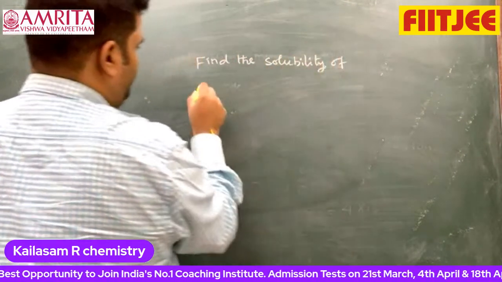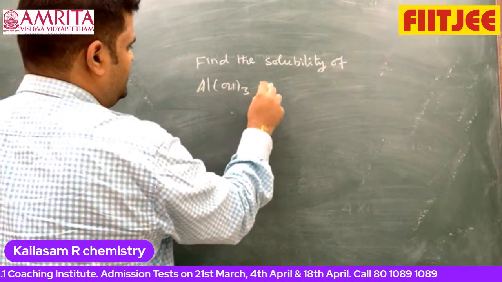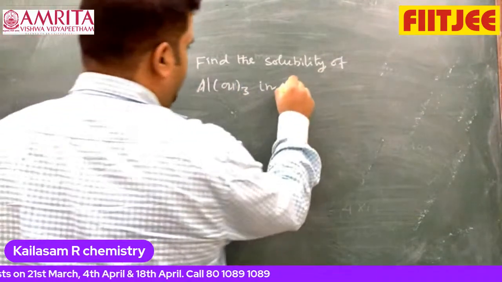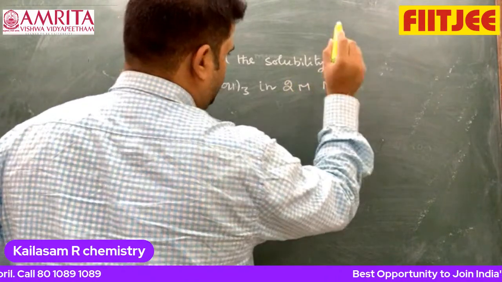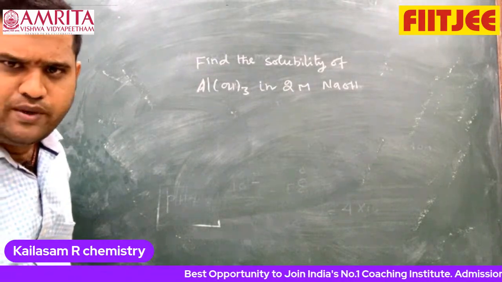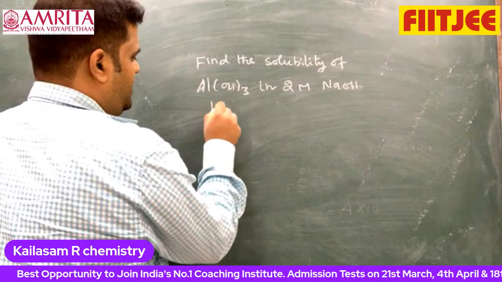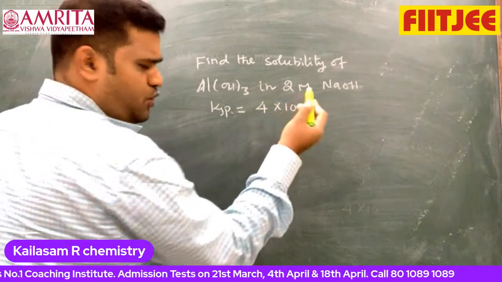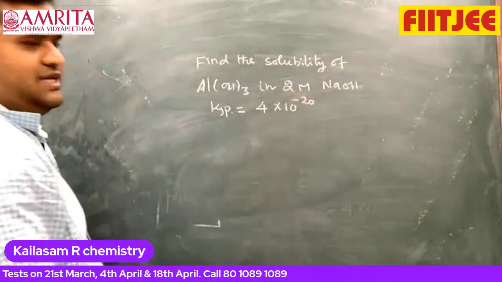Find the solubility of aluminum hydroxide in 2 molar NaOH. For this, I can take Ksp as approximately 4 into 10 power minus 20, just to write like this.